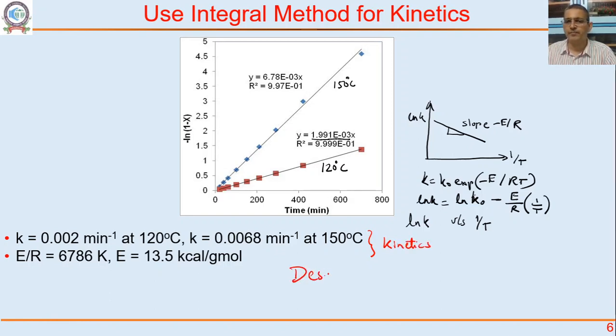Design. Pause this video. Do this for yourself based on this. Next question you will ask is whether I should conduct the reaction at 120 degrees centigrade or at 150 degrees centigrade.